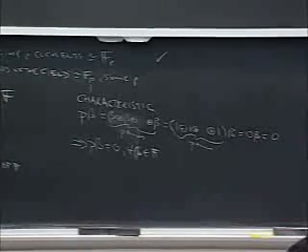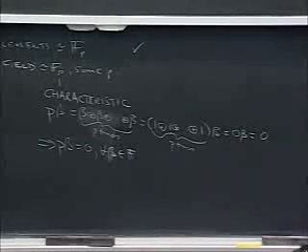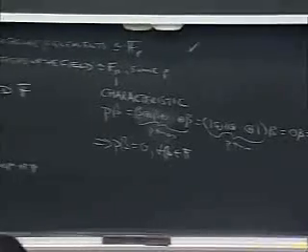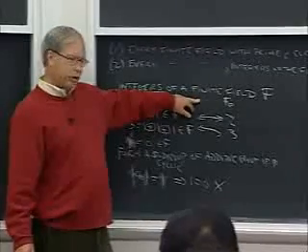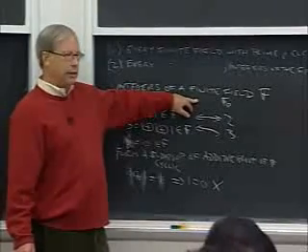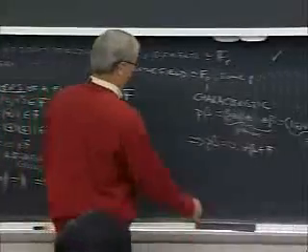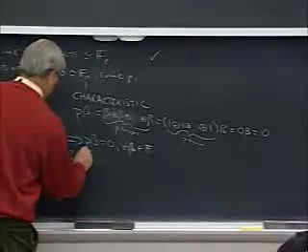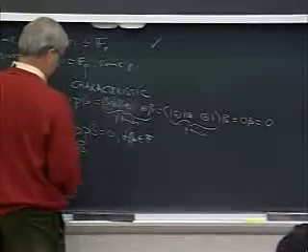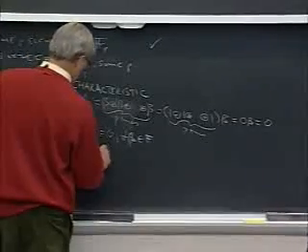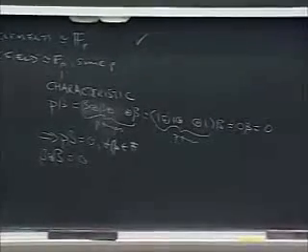Now, in digital communications, we're almost always dealing with a case where the characteristic of the field is going to be 2. The prime subfield is just going to be the two elements 0 and 1. 1 plus 1 is going to be equal to 0. So subtraction will be the same as addition. And in that particular case, the sum beta plus beta of any field element in a field of characteristic 2 is going to be equal to 0, just as we had for code words in binary linear codes.